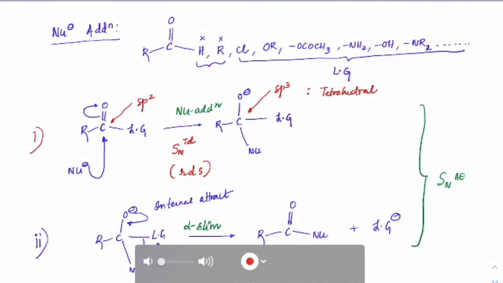So this type of mechanism, where overall nucleophilic substitution is happening but it goes through two steps, the first step is a nucleophilic addition and the second step is an elimination reaction. That's how it has happened.